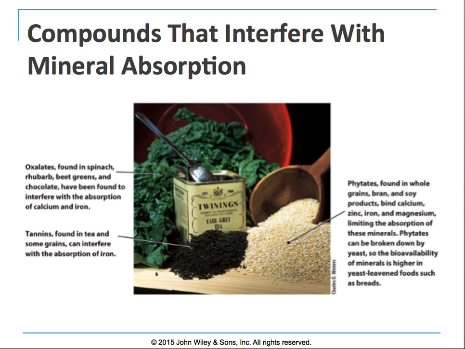So these are not compounds you're going to have to memorize or be quizzed on, but some good food for thought when you're thinking about how the foods that you eat interact with one another and affect the absorption of certain minerals.